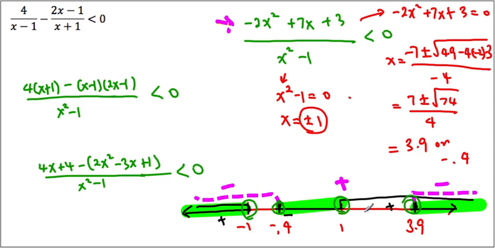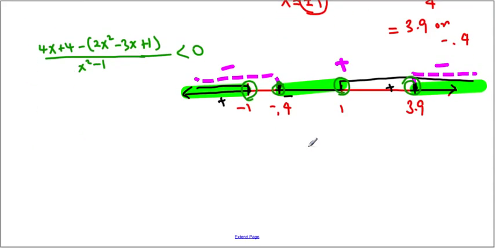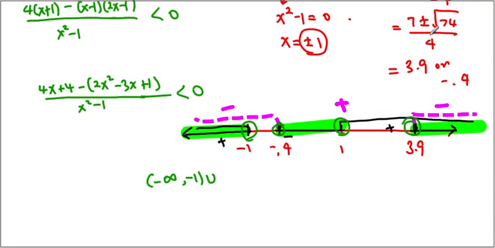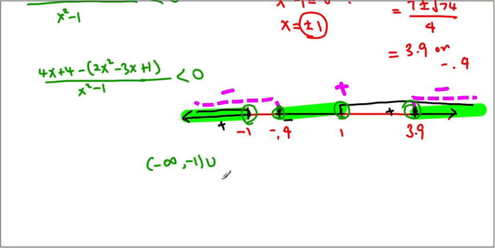And that becomes our final answer. So if I were to rewrite it, the number line would have been this way. Using interval notation, our answer would be from negative infinity to negative 1, or negative 0.4, I believe it was 7 minus square root of 74 over 4 to 1.